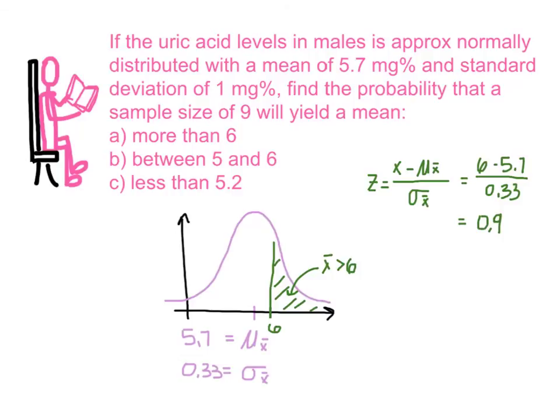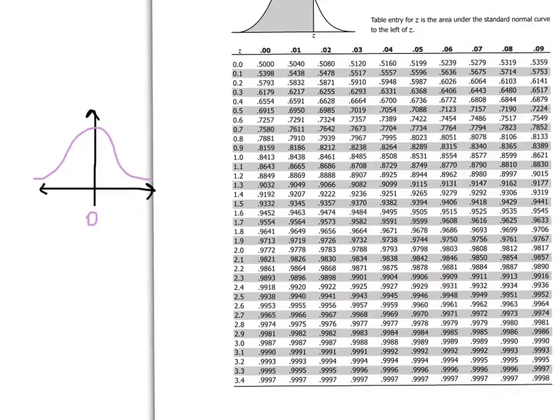So here's our distribution, the z-distribution with the mean at 0 and the standard deviation of 1, and we said we wanted to get to 0.9, and we wanted everything that was above that value, right? Because we had said we wanted a value greater than 6, and we calculated the z-score for 6 to be 0.9.